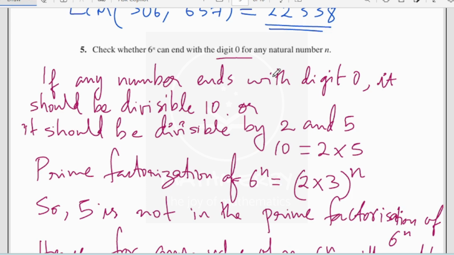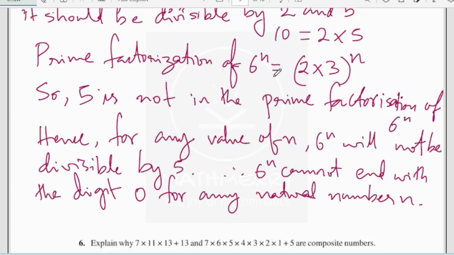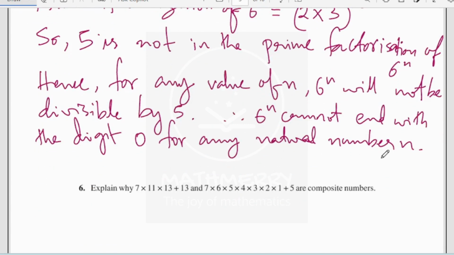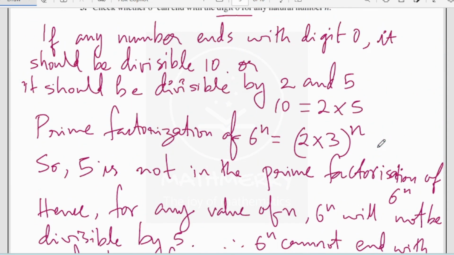So for any value of n, 6 raised to n will not be divisible by 5. Therefore 6 raised to n cannot end with the digit 0 for any natural number n. So this is the structure that you should know. This is something we already know with our common sense.